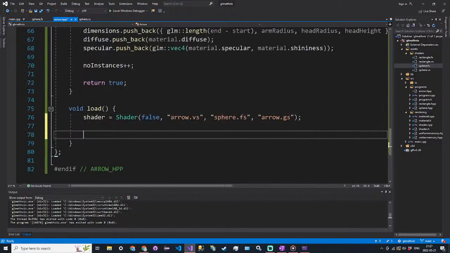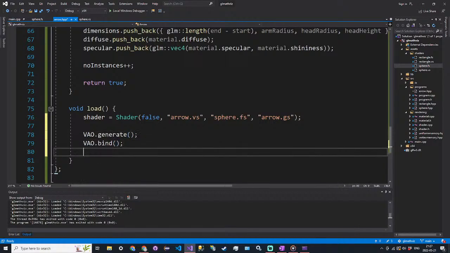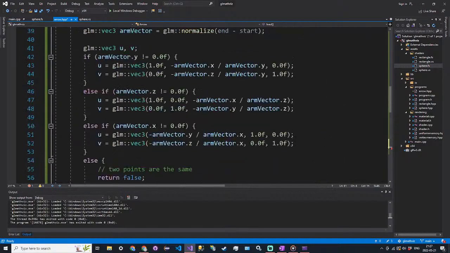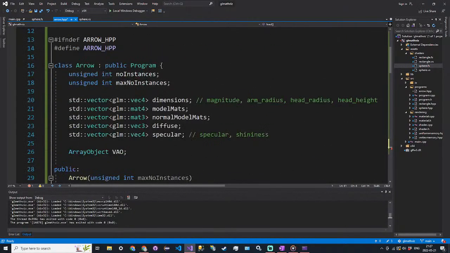So we create our shader. Then we need to generate and bind VAO. Then we need to set up our VBOs. Once again, we're not actually storing any vertex data.